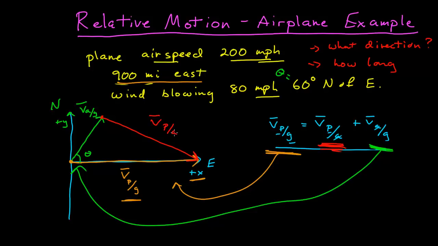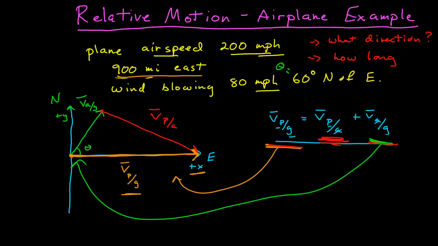So we are going to have to point our plane along the direction of this red vector so that the sum of our vector of the plane relative to the air plus the vector of the air relative to the ground gives us the proper vector of the plane relative to the ground that is going to send us straight east to our destination. Okay.